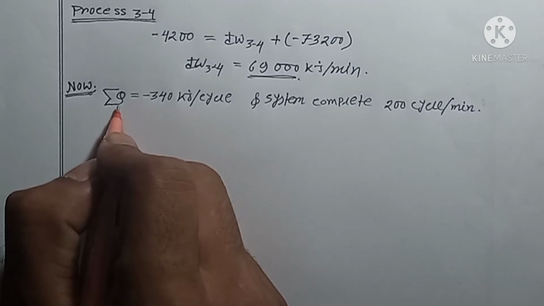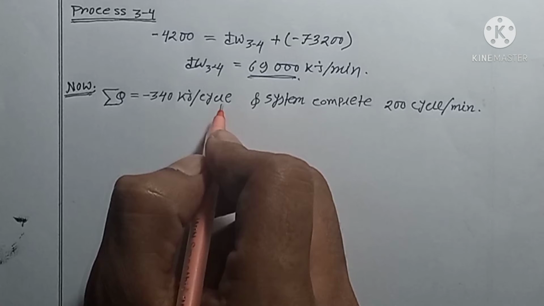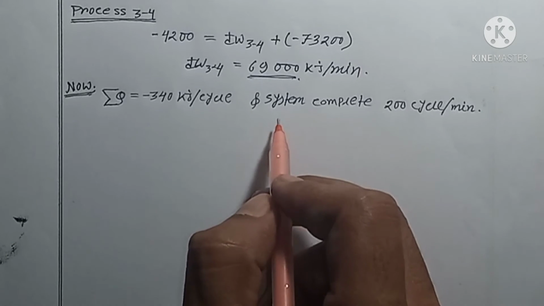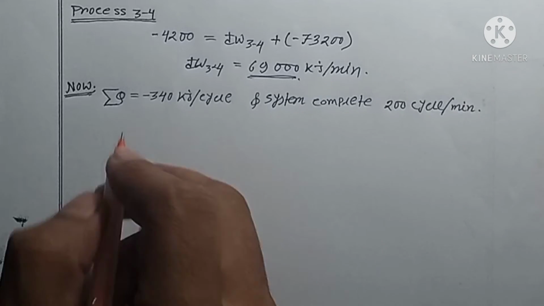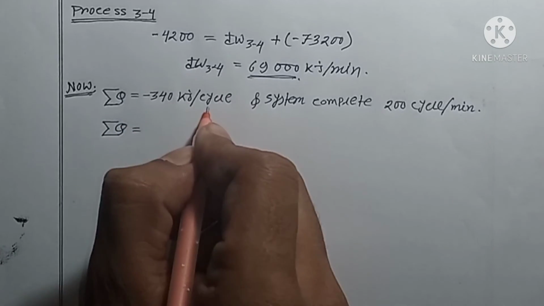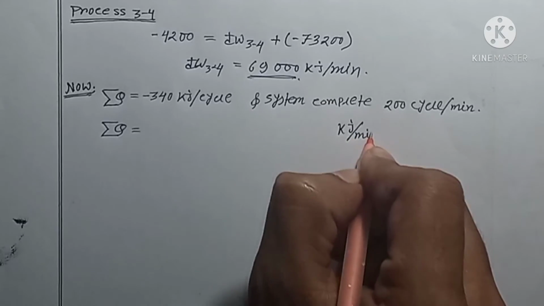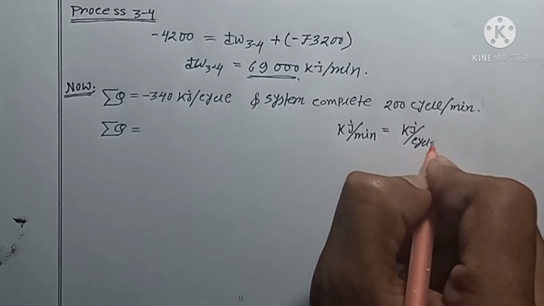Okay. First of all, we have to convert this total summation of Q from kilojoule per cycle to kilojoule per minute. To convert this one, they have also given that the system completes 200 cycles per minute. So if we want Q as kilojoule per minute, then what we have to do? Kilojoule per cycle is given. Am I right?